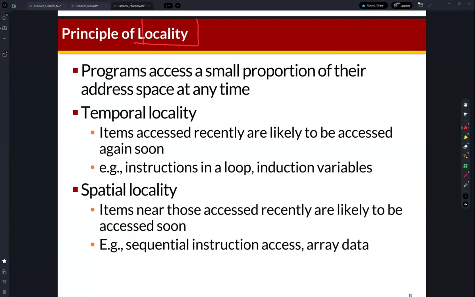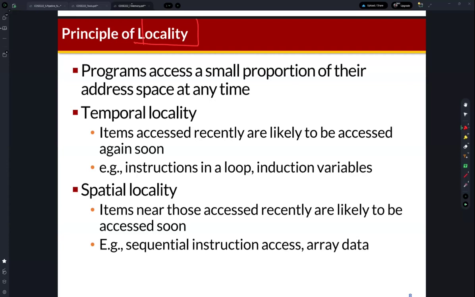Actually, the processor reads data from the memory. So if we want to use the fast memory, and the data is found in the fast memory, then we can increase the performance, right?